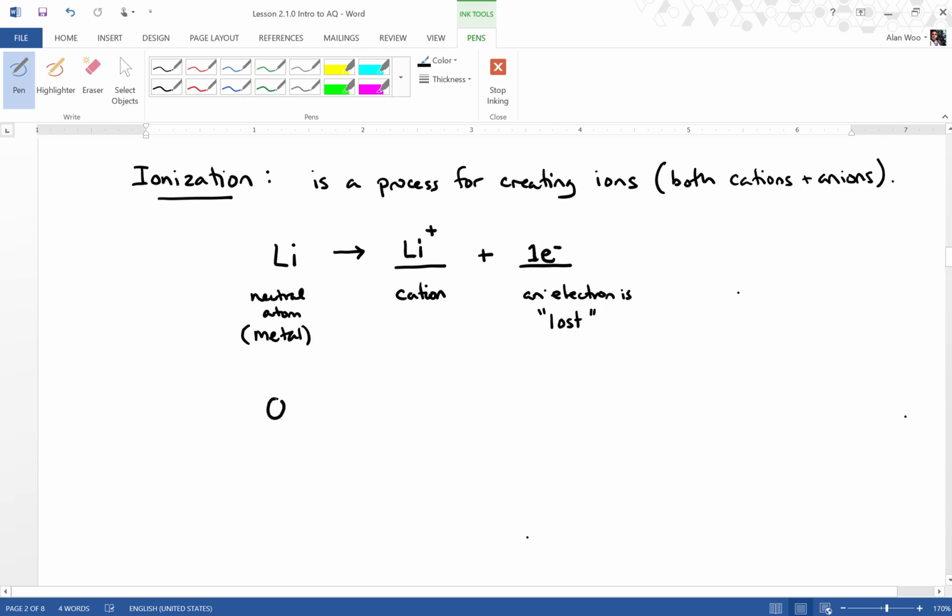If we look at an oxygen atom, here we have oxygen gas. Now, oxygen gas is a nonmetal. And again, it's a neutral nonmetal atom.